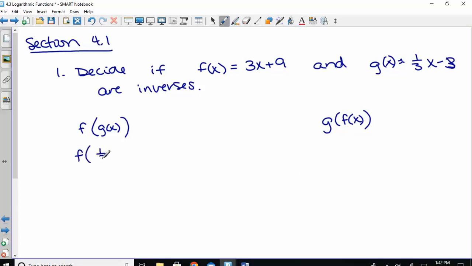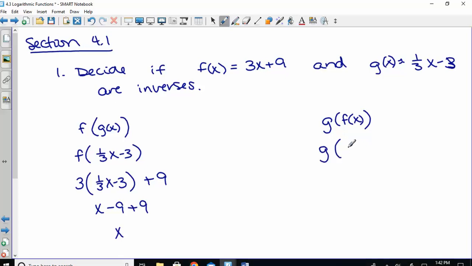So g is 1/3 x minus 3. If I plug that into f, so 3 times 1/3 is just x minus 9 plus 9, which is x. Not enough to say they are for certain inverses, but we're pretty confident now. Check the other way.